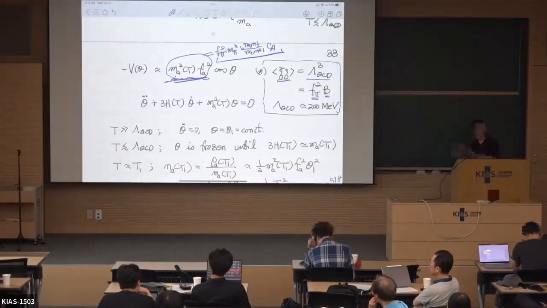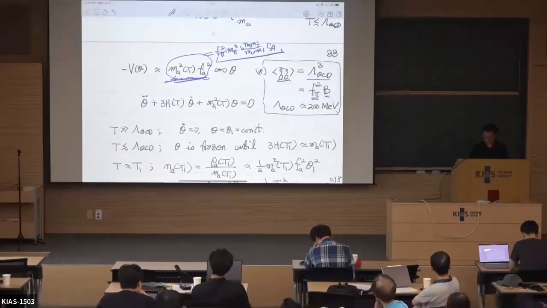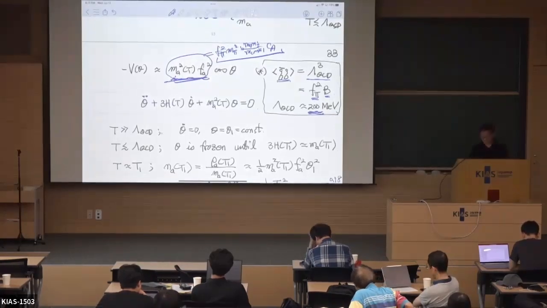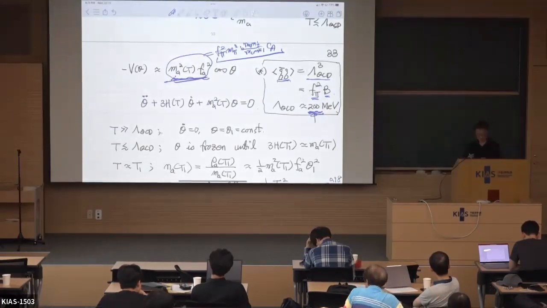From this we determine the pion mass, kaon mass, etc. So identifying these two, we get the lambda QCD around 200 MeV. Also, depending on your serious calculations, it may change. It's maybe 230, 250, I don't know. But yeah, around 200 MeV.